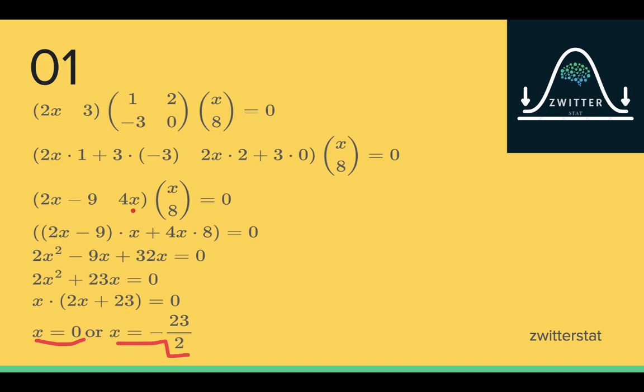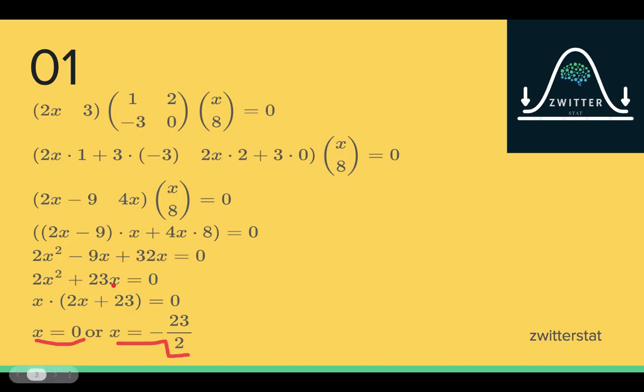So now this is a 1 cross 2 matrix and this is a 2 cross 1 matrix. So my resultant matrix will be a 1 cross 1 matrix, and I will get a single element in my matrix. So 2x minus 9 is multiplied with x plus 4x is multiplied with 8, and I will get 2x square minus 9x plus 32x equals 0.